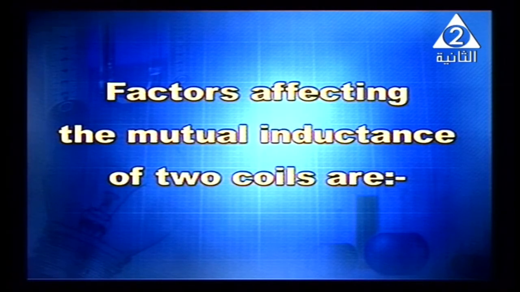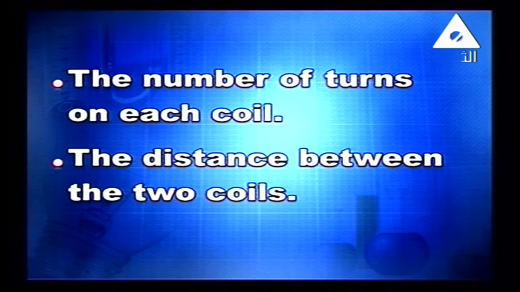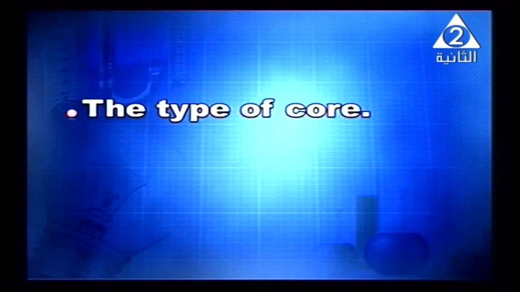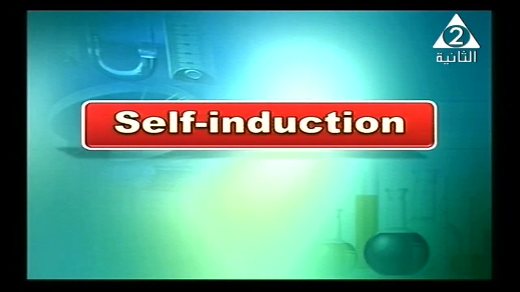And what about the factors affecting the mutual inductance of two coils? This is very important. The first factor is the number of turns on each coil, the distance between the two coils, the type of core, and the volume of each coil. And now talking about another phenomenon called self-induction.